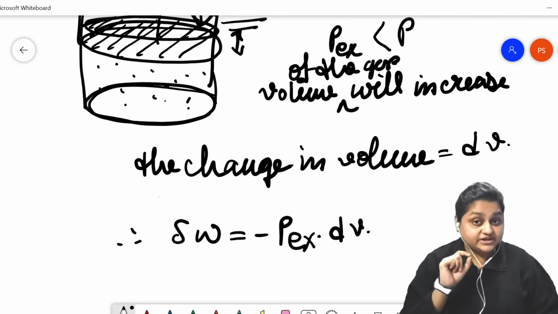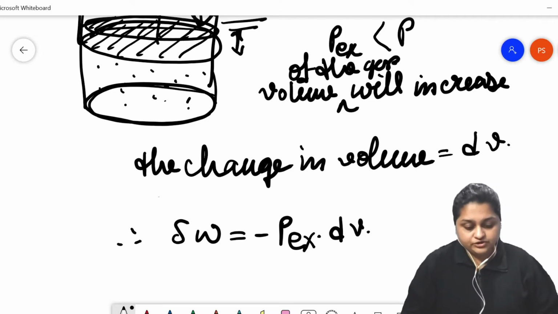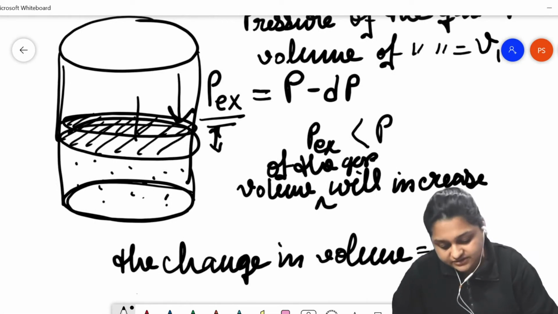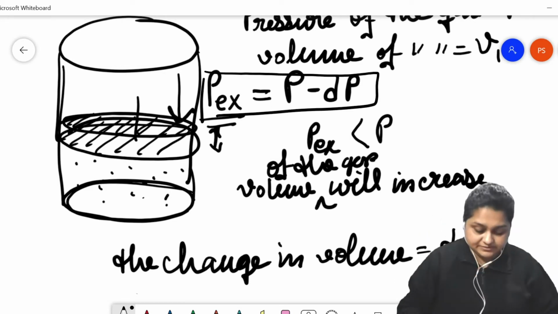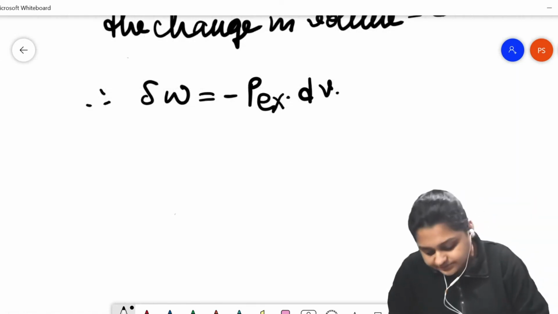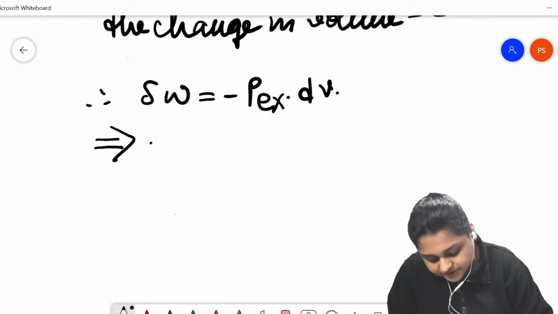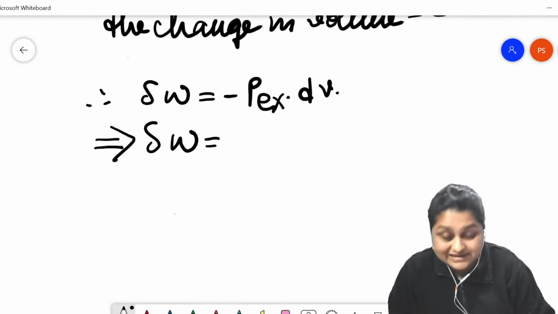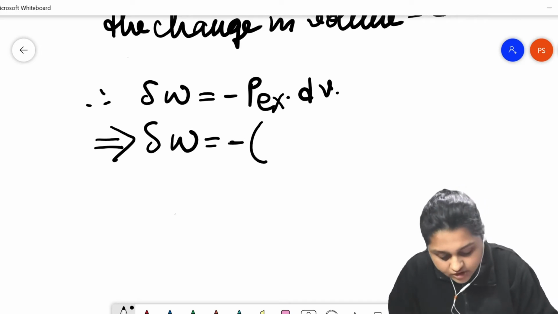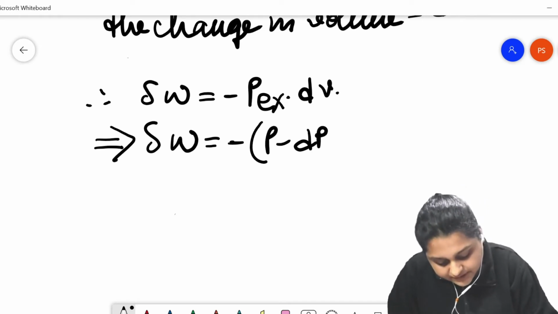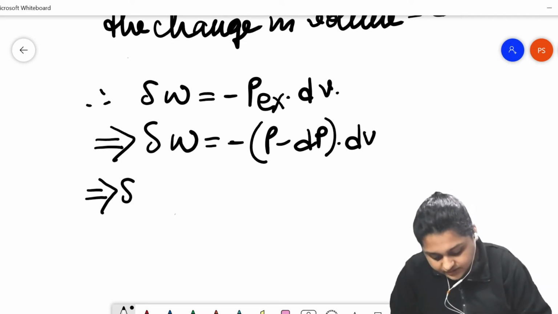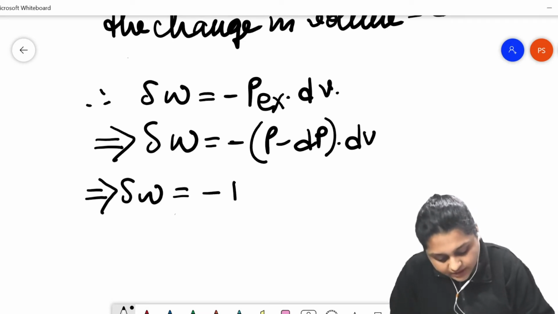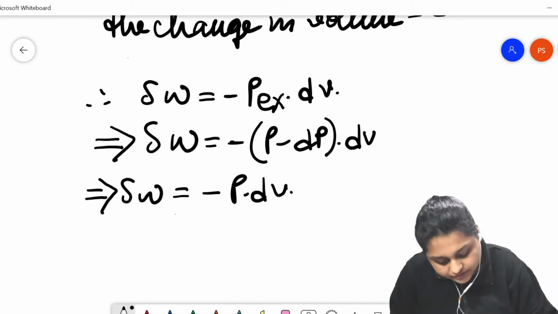But this is a reversible process, and we know that the external pressure can be written as P minus dP. So we are going to substitute the external pressure expression in this equation as delta W equals minus of P minus dP, whole into dV, or delta W equals minus P dV plus dP into dV.